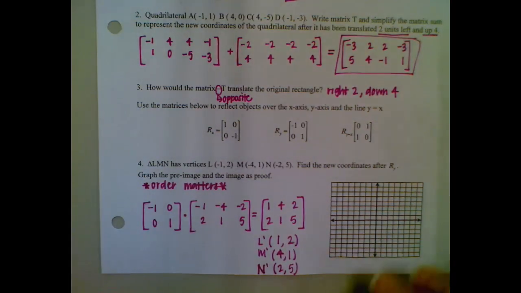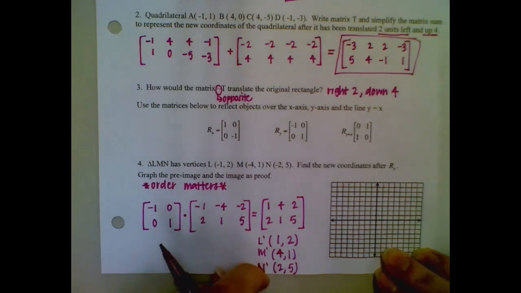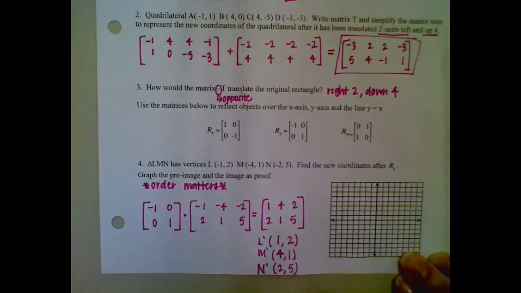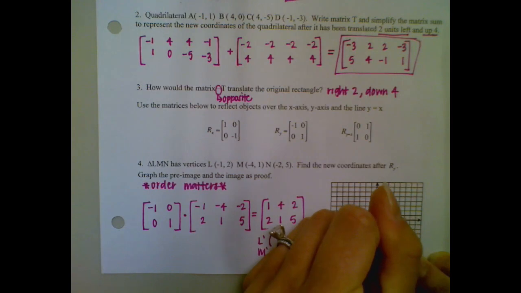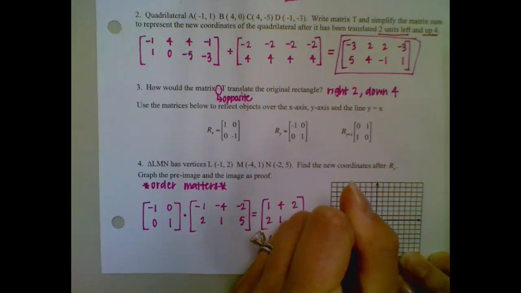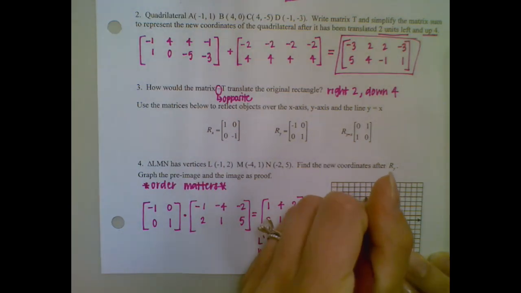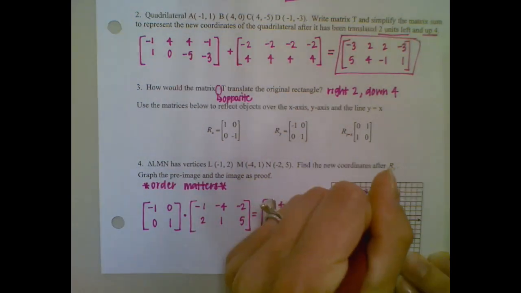Okay, so let's graph triangle LMN, and then we'll graph this triangle that's reflected over the y-axis and see if that actually worked out. That's N, this was M, and this was L. So this is the original triangle.